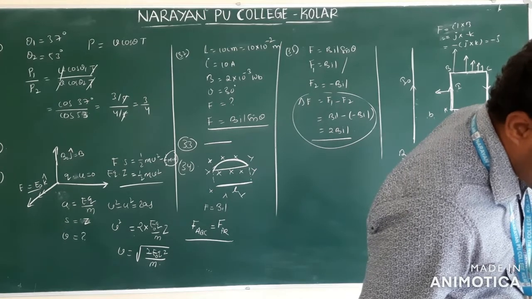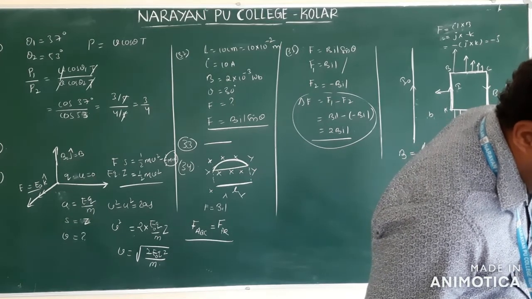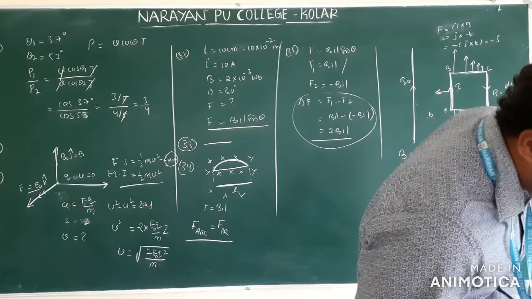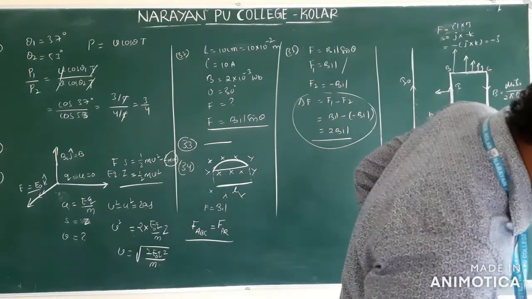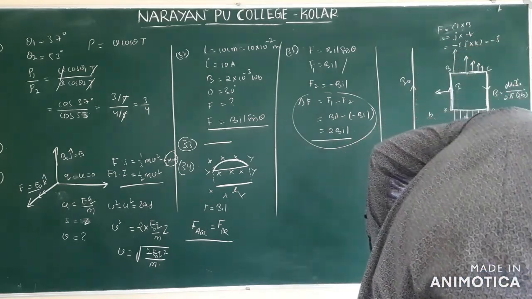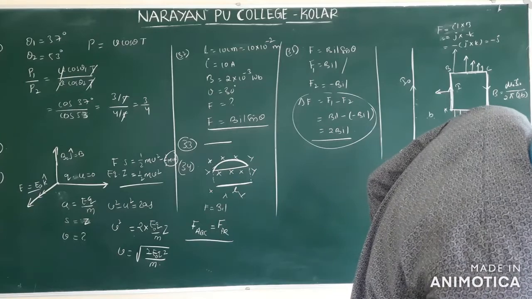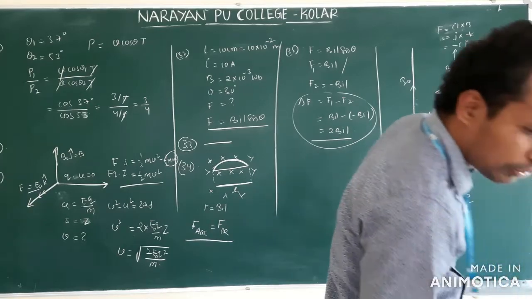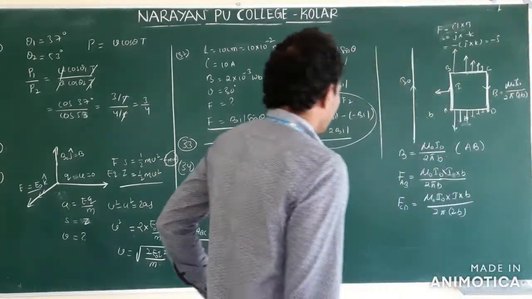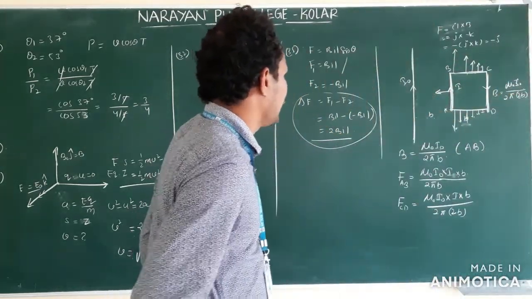If the loop carries a current, then the nature of the force on the loop and its magnitude. Clear? Then B and B will be cancelled, but why did they not mention the length? Square root of side B. Clear? Anyway, we will try to find the answer.